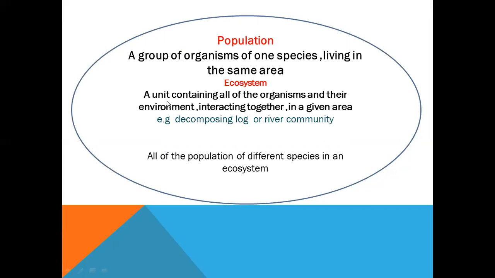In an ecosystem, the living things and non-living things at the same place at the same time are called a community. Populations are different species in an ecosystem.